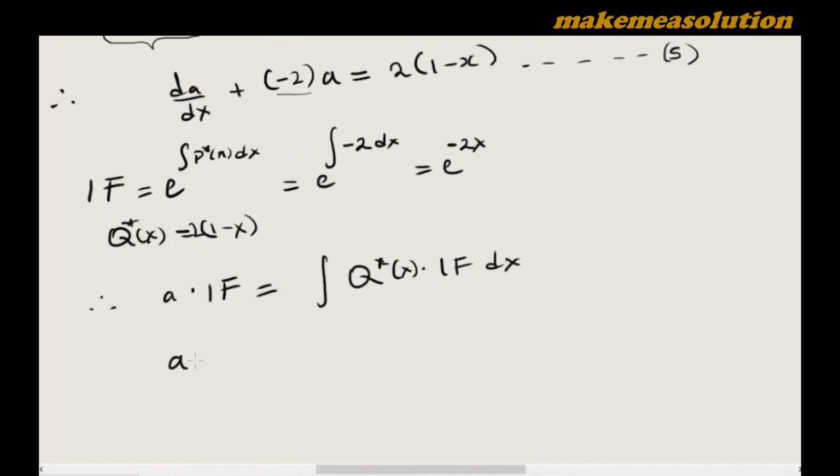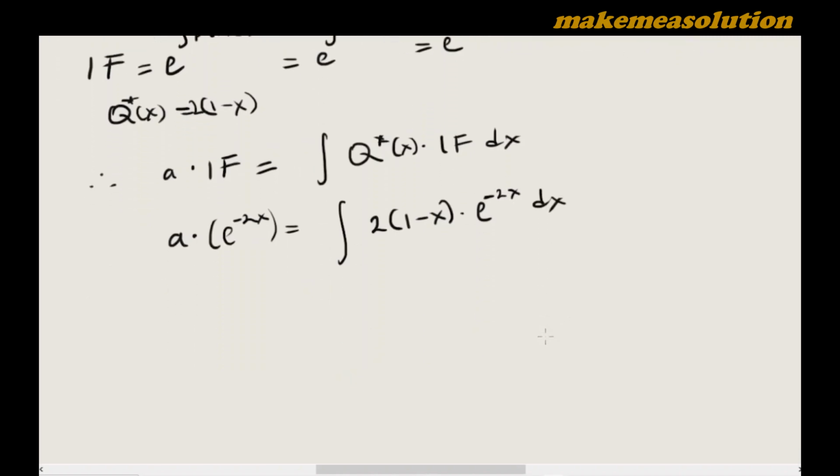You now have A multiplied by exponential negative 2x is equal to the integral of my augmented q, which is 2 into 1 minus x, times the integrating factor exponential minus 2x dx. So A into exponential minus 2x is equal to 2 integral of 1 minus x, then exponential minus 2x dx.